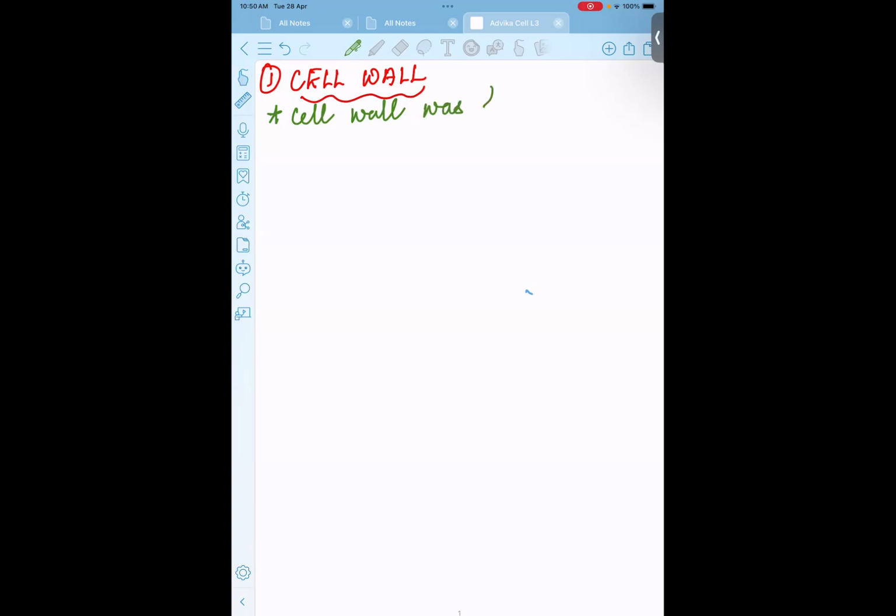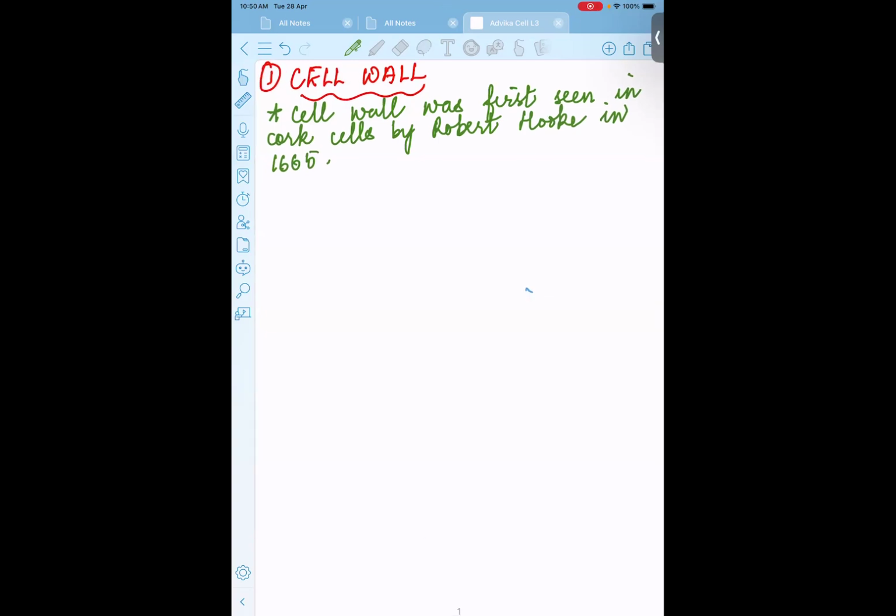Cell wall was first seen in cork cells by Robert Hooke in 1665. So when he discovered the cell, during that time itself, he actually found the cell wall.